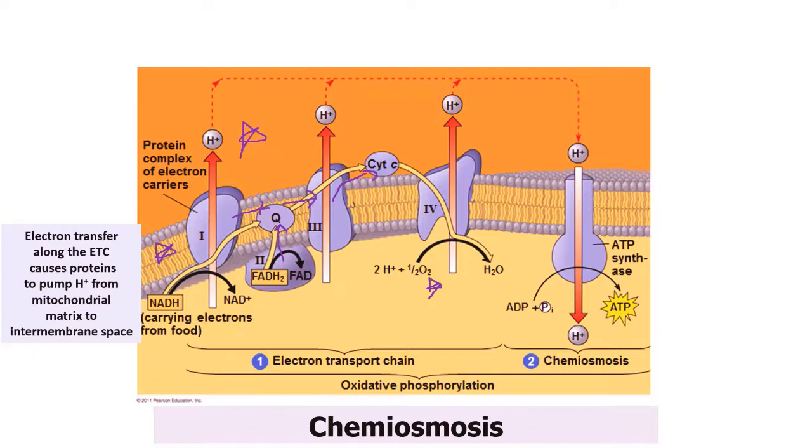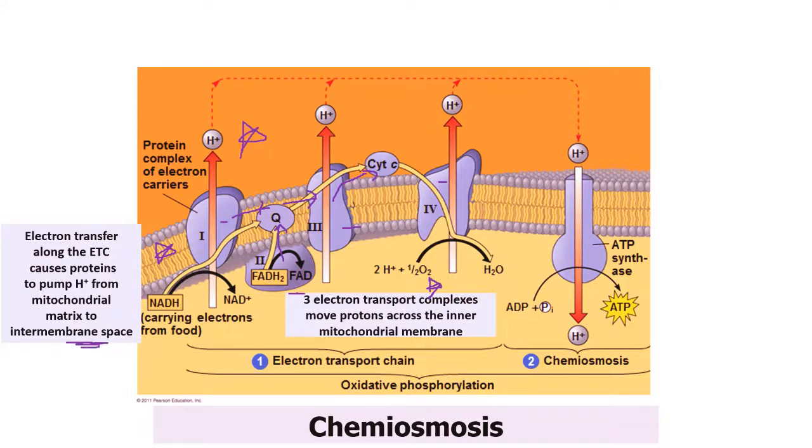From these protein complexes, only protein complex 1, 3, and 4 are able to pump H plus into the intermembrane space, but not protein complex 2. So as a result, high H plus will build up at the intermembrane space.